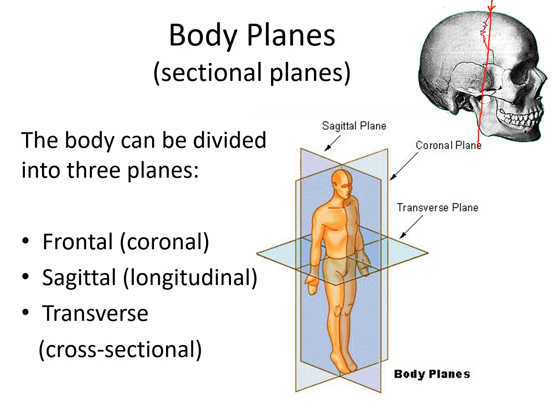If I sectioned a skull right down here, that would be a frontal section. Now, a sagittal section, also called a longitudinal section, is going to be perpendicular to that coronal section. A transverse section is going to be perpendicular to both the sagittal section and the coronal section.